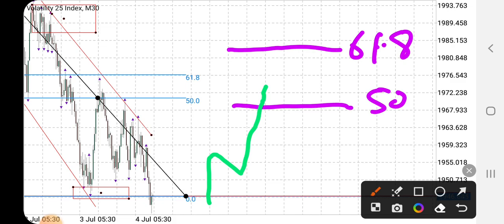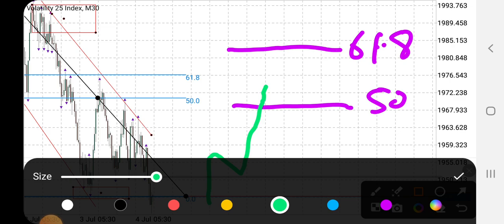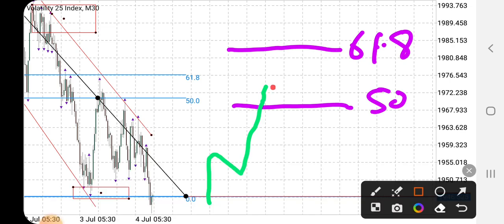You want to see a strong bearish engulfing candlestick right here, completely engulfing the previous bullish candle. Then make sure the candle closes below level 50. This is the point you are going to be selling.